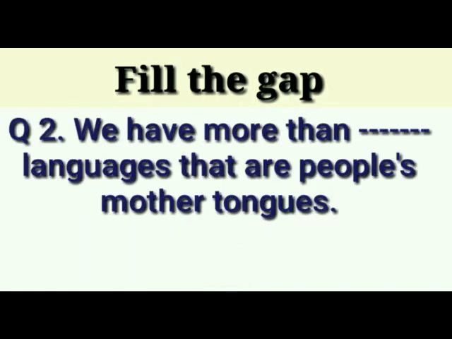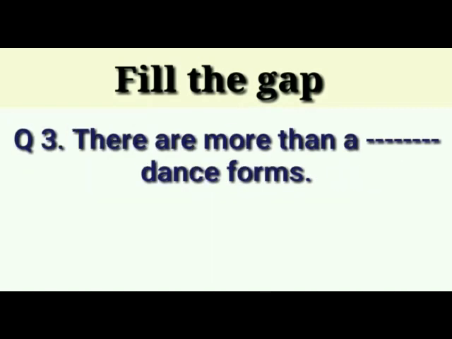Next question is we have more than dash languages that are people's mother tongues. Answer is 1600. More than 1600 languages. Next question is there are more than a dash dance forms.